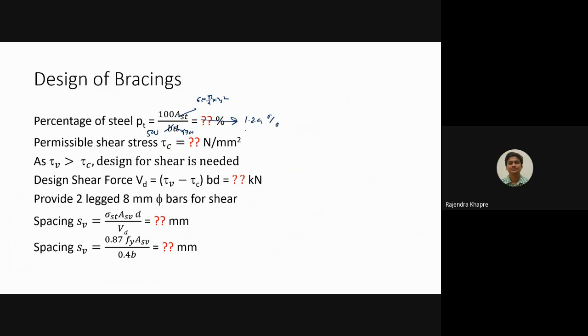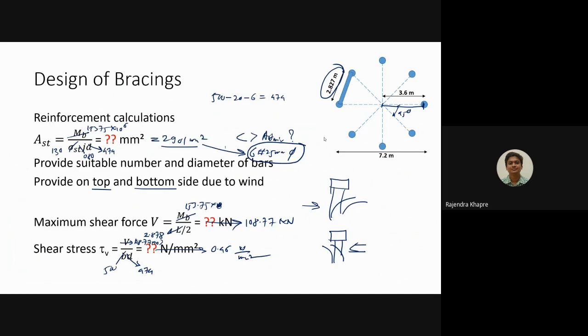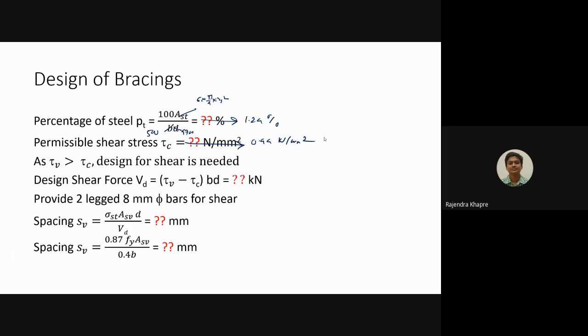Okay, so if you refer to the IS code, you have to calculate the tau c value. The tau c value for 1.24% is roughly 0.44 newtons per mm square. So the tau v value is 0.46, but here the value is 0.44. So for this purpose you have to go for design of shear.